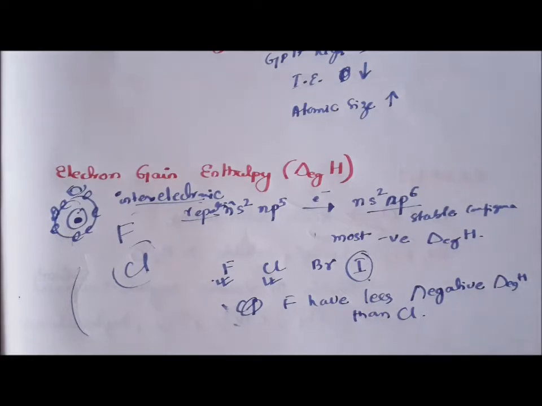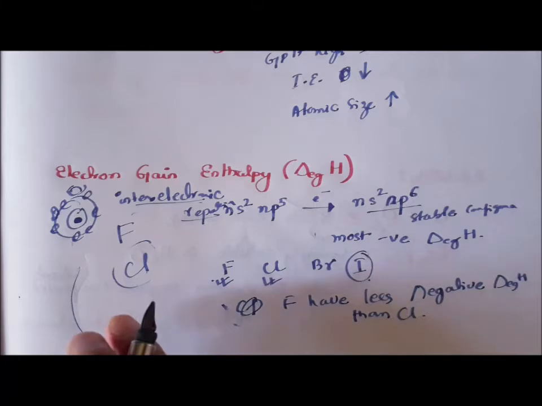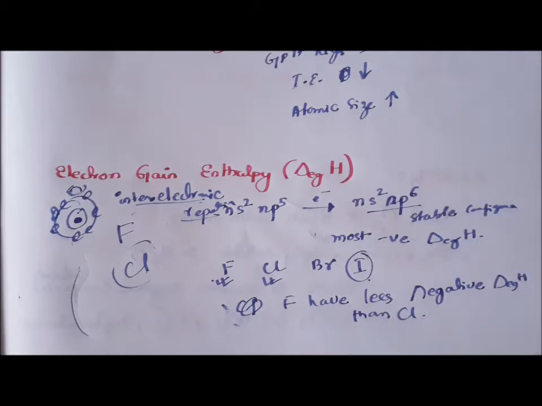Because of the compact size of fluorine, it has more inter-electronic repulsion than chlorine. Because of that, the ease with which fluorine accepts a new electron is lesser than that of chlorine.